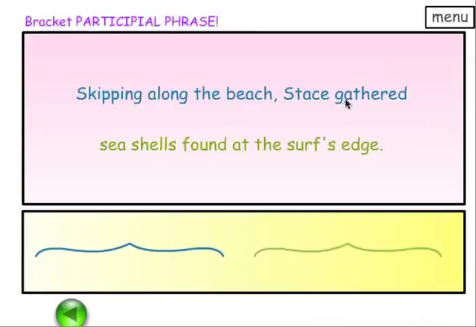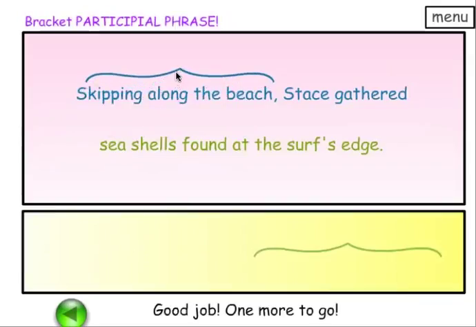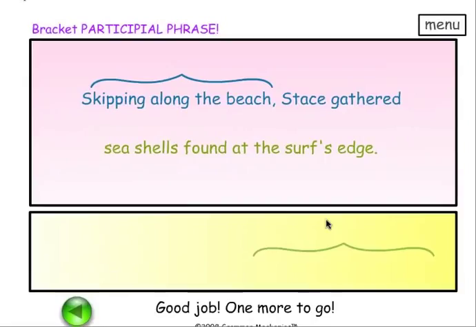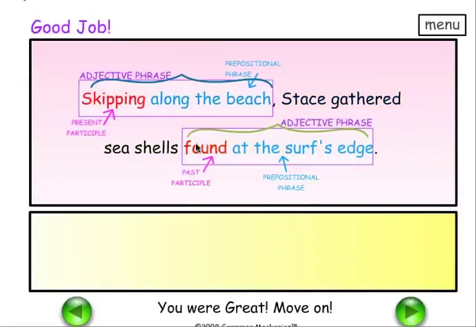Skipping along the beach, Stace gathered seashells found at the surf's edge. Here we've got an interesting example because we've got both. We've got the ing form of the verb, the present participle, part of a participial phrase used as an adjective, and we have found at the surf's edge, which is a past participle used in a participial phrase as an adjective.